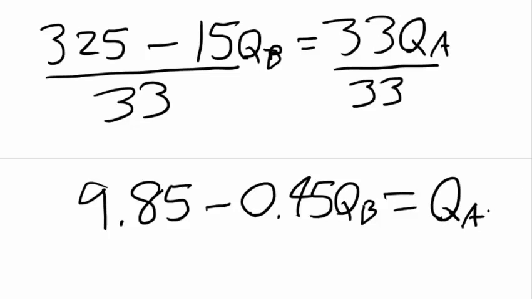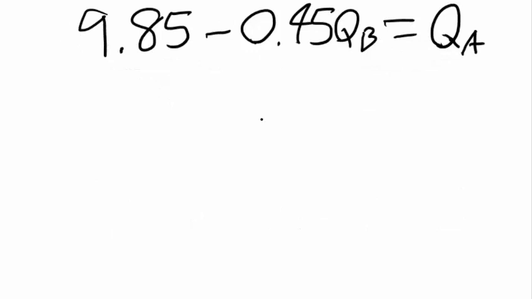And this is our reaction function for QA. So depending on how much quantity firm B produces, firm A will produce a certain amount to get their maximum profit. But what exactly do we do with this reaction function?